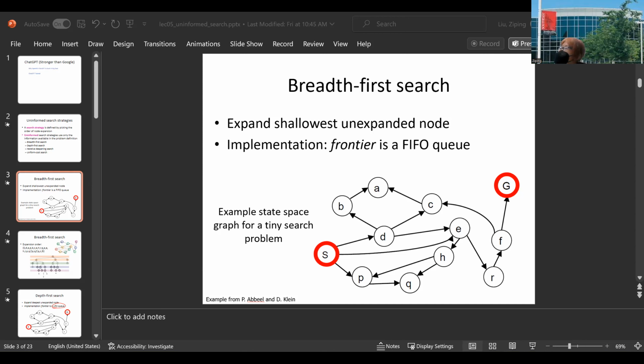So we just discussed breadth first search and depth first search. Each one has its own advantage, so can we combine them together? Here is the idea called iterative deepening search.